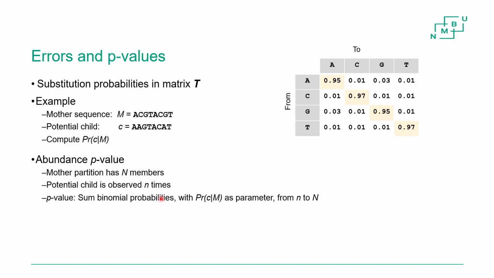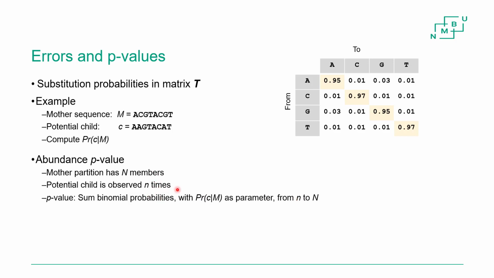So that's how the procedure is in DADA. When I look at this, I don't really understand why they sum from small n to capital N. It's the same as 1 minus the sum of the same probabilities from 0 to n. So it's sort of the reciprocal of the probability of having up to n copies.